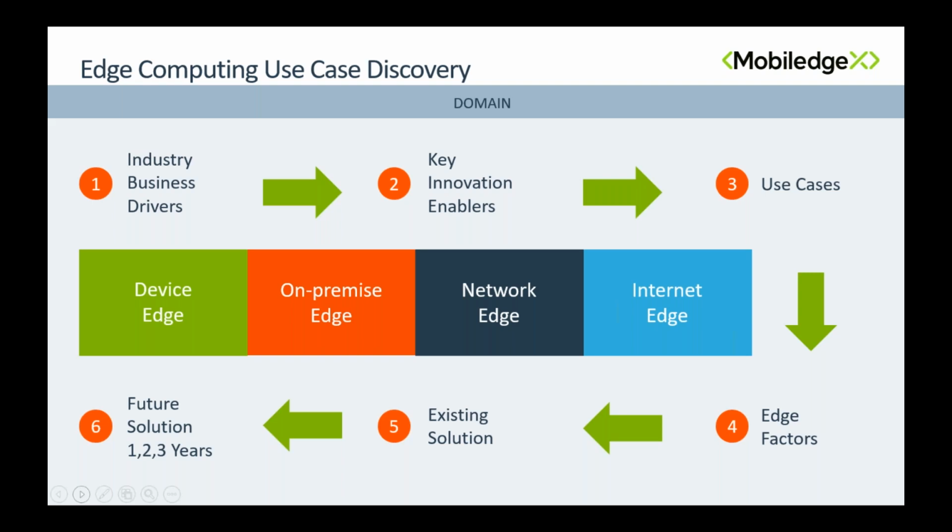For example, the device edge is the most immediate edge available for processing because obviously it's on device. The challenge then is, of course, that the device becomes more expensive, it becomes heavier, the batteries don't last as long, but you can make a device that works according to what you need to go all the way back to the internet edge, but you are compromising what you need to do.